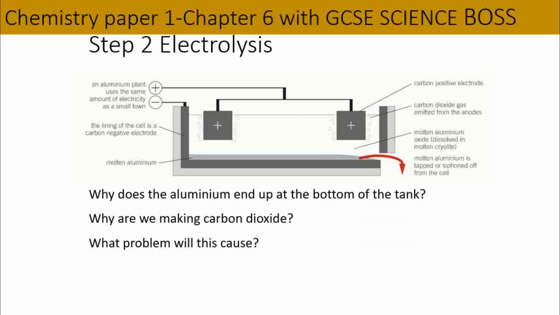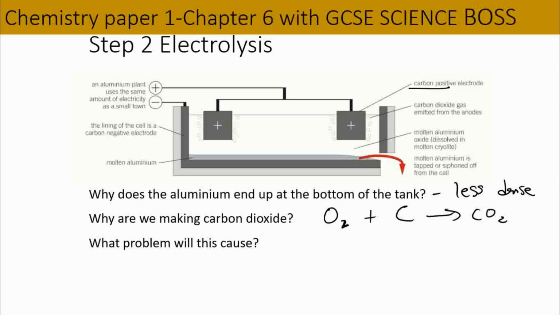Okay, so let's look at these final questions before we end off. Why does the aluminium end up at the bottom of the tank? Because the aluminium is less dense. It's not a very dense substance. Why are we making carbon dioxide? Because the oxygen which is produced at the anode will then react with the carbon positive electrode to form carbon dioxide.